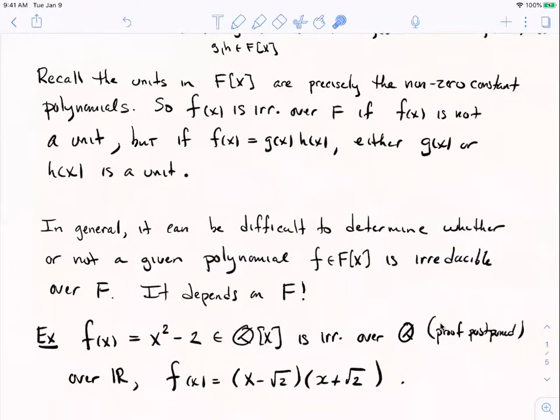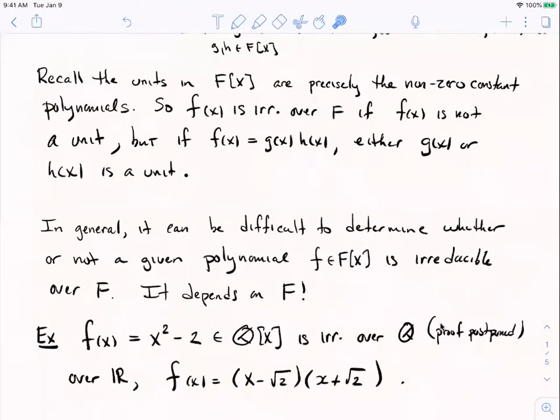So let's look at this specific example. So I claim without proof here, I'll prove it to you next week, that the polynomial x squared minus 2, it has rational coefficients. Its coefficients are 1 and minus 2, and those are both rational numbers. I claim that polynomial is irreducible over Q. All right, I'm not going to prove that to you right now, but I claim it's true.